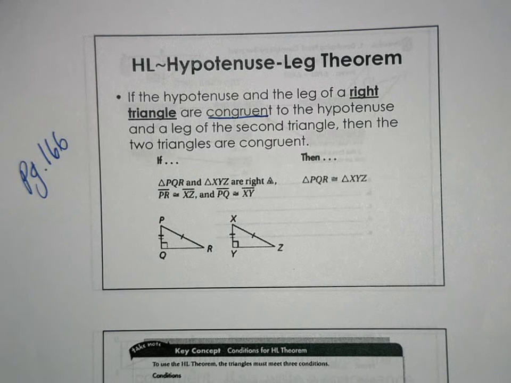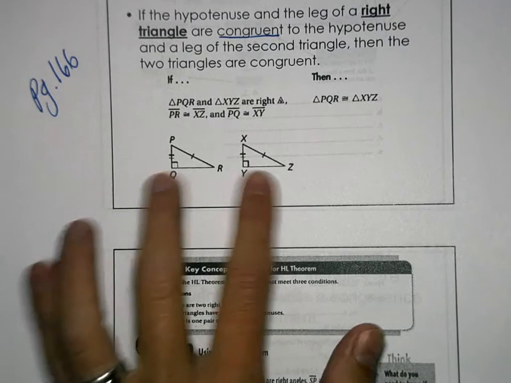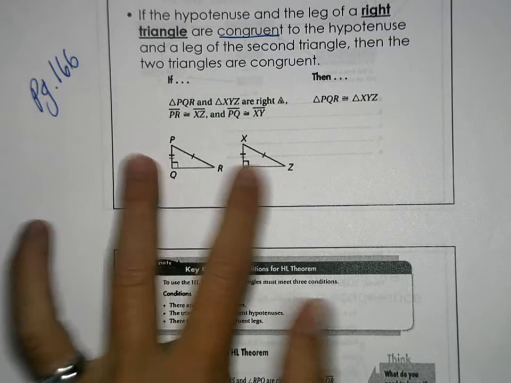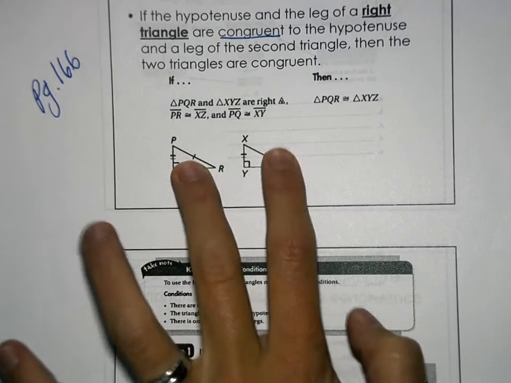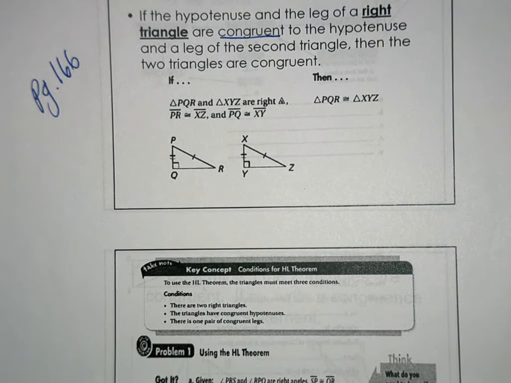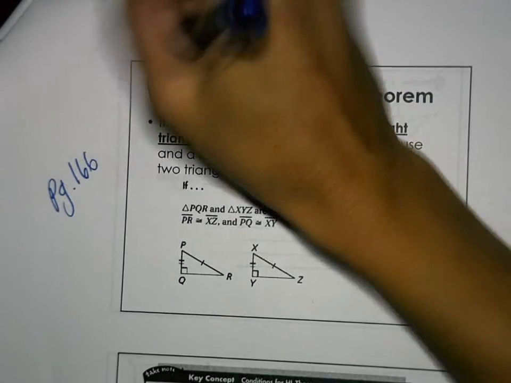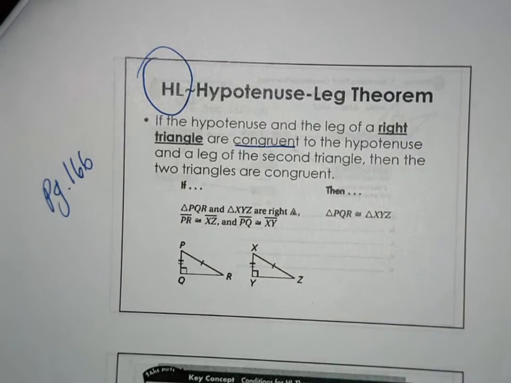So if you have a right triangle and they're saying that these legs are congruent and the hypotenuse, if they are congruent, then the two triangles are congruent. Okay? And that is by hypotenuse leg. So most of the time when you have a right triangle, the theorem you will use is hypotenuse leg. And we abbreviate that with HL.